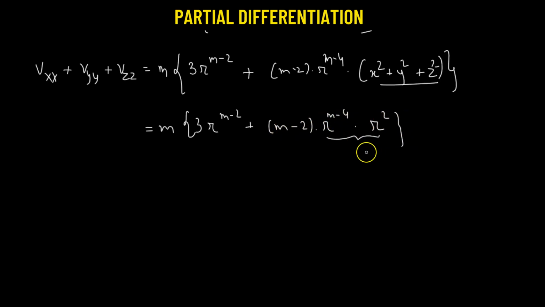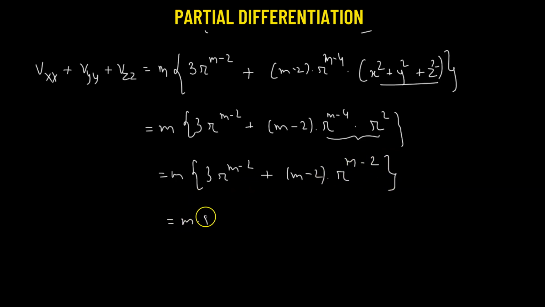So this can be combined to give us m multiplied to 3 times r raised to the power of (m − 2) plus (m − 2) times r raised to the power of (m − 2). Now we can take r raised to the power of (m − 2) as the common factor. So we have m times r raised to the power of (m − 2), and within the parentheses we have 3 plus (m − 2).